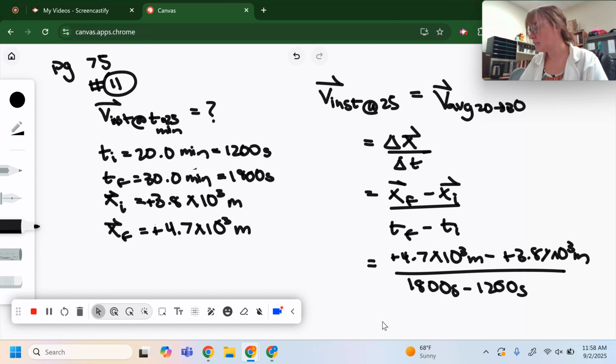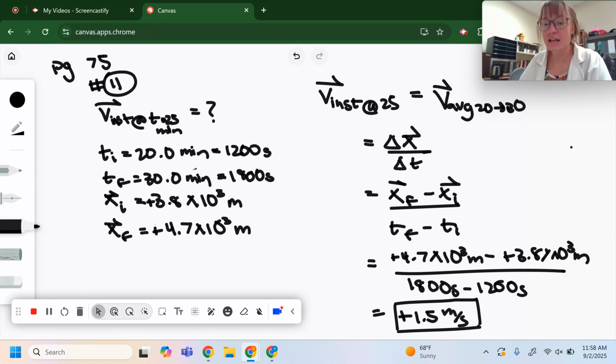Plug that into your calculator and, when you round with good sig figs and units, you would get something like positive 1.5 meters per second. That gives me both the average velocity over that little portion of the graph, but also, because that's always the slope, it also gives me the instantaneous velocity at 25 minutes.